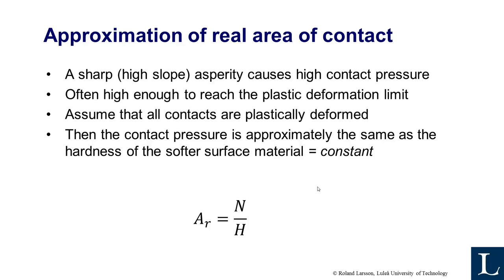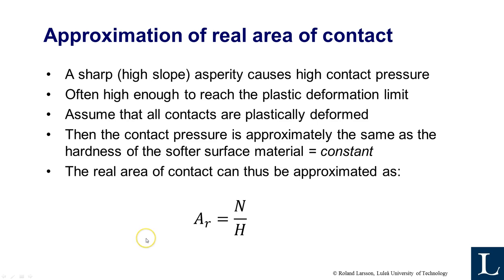So the real area of contact is simply the ratio between the normal load, the applied load, and the hardness. And that's kind of a maximum. It's a reasonable approximation of the maximum possible real area of contact between two surfaces. There are many exceptions from this law, but it's a good first guess when you think about real area of contact.